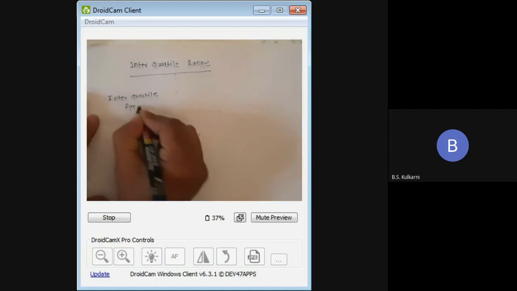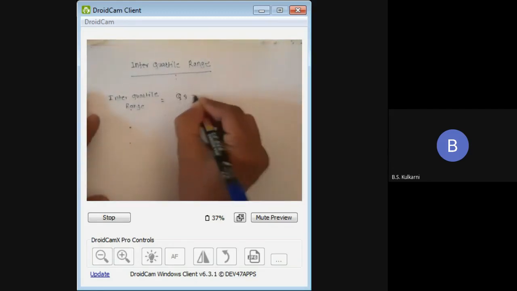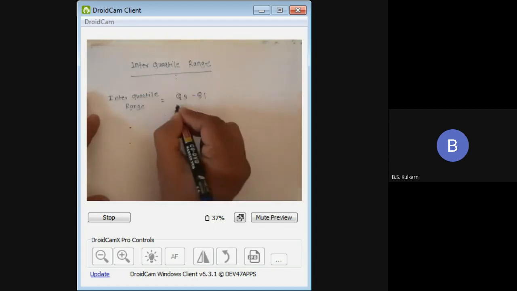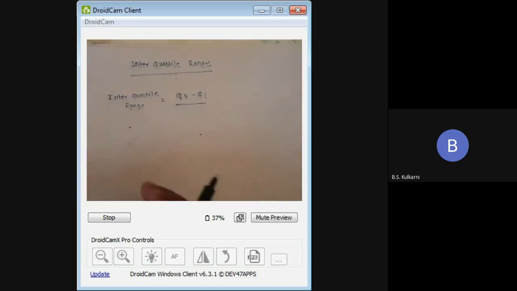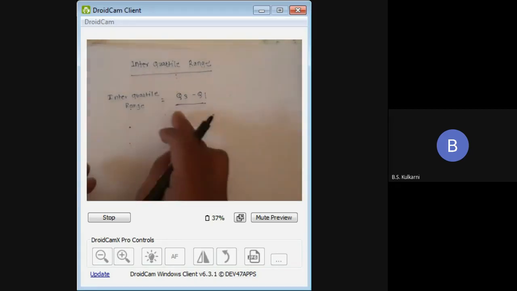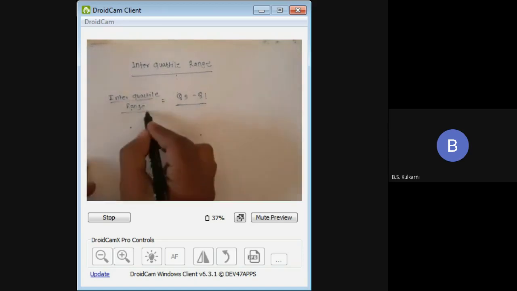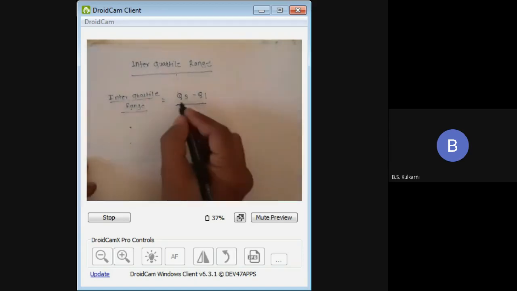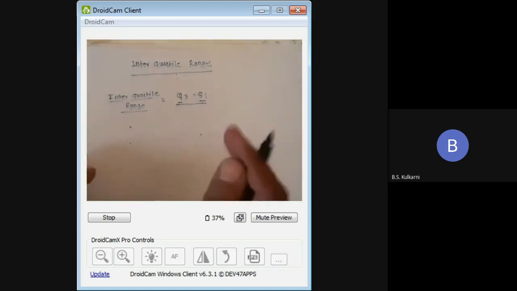Interquartile range is equal to Q3 minus Q1. These are the two quartiles that we have selected, and we are finding the difference between the two quartiles. That is nothing but your interquartile range. So quartile 3 and quartile 1. Now you have to find the interquartile range.